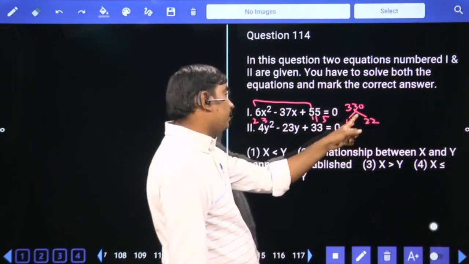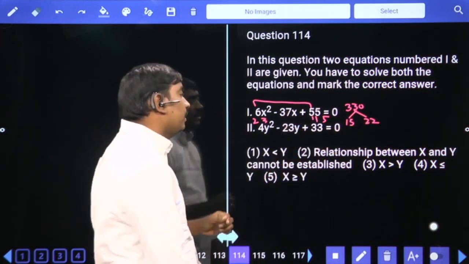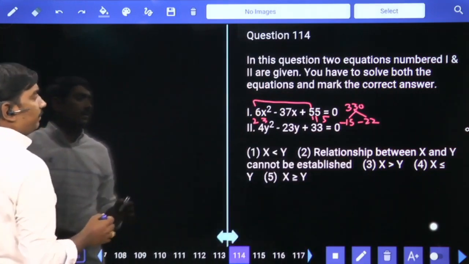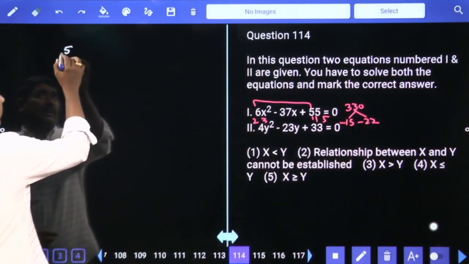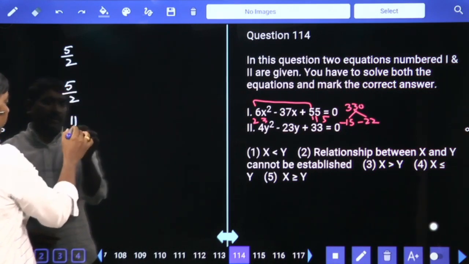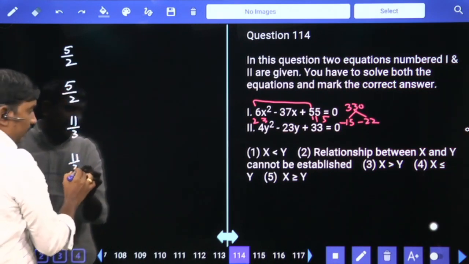Minus 15 minus 22 will give us minus 37. Finally plus 15 plus 22. 15 by 6 means 5 by 2, 22 by 6 means 11 by 3. That is x value.